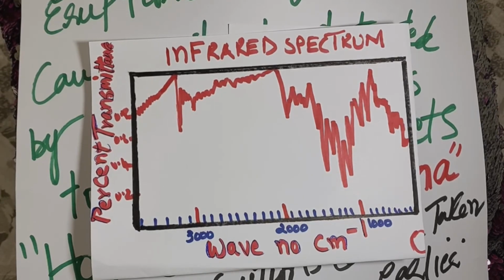Thank you very much. I hope you liked today's video, as I've explained what the infrared spectrum is, and if you have 100% transmittance, why it is so, and if you have zero transmittance, after the radiation passes from the light source into your sample, what the reason behind it is.